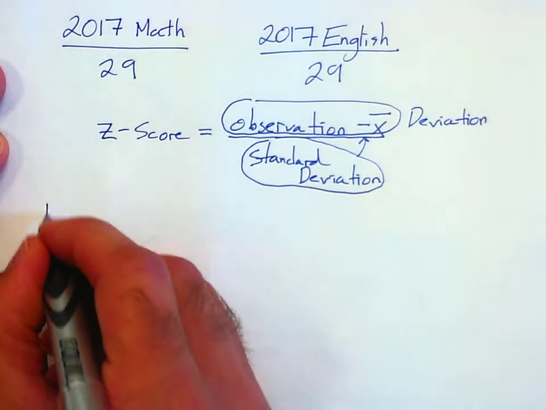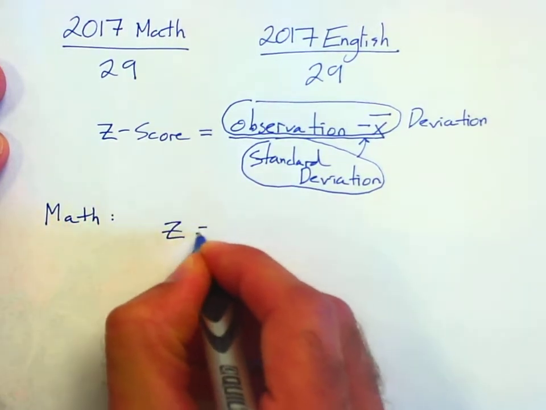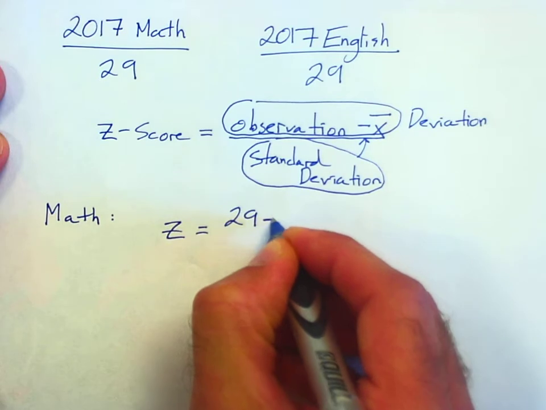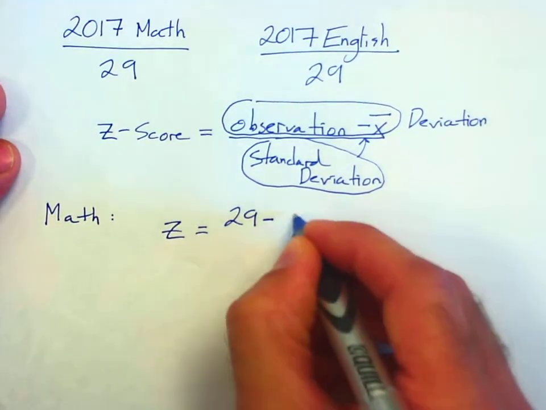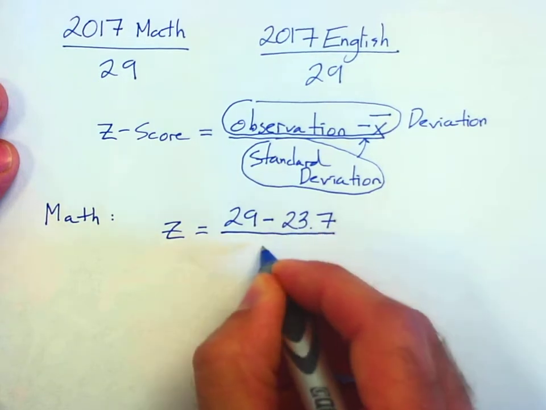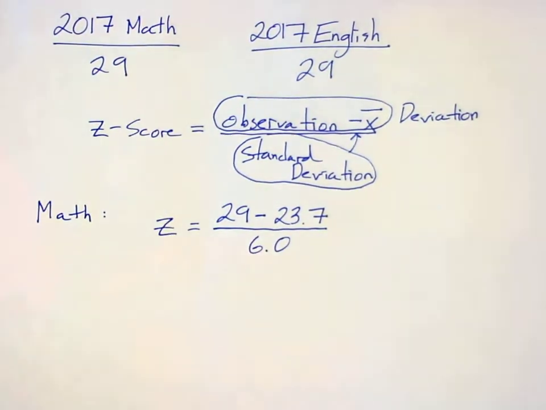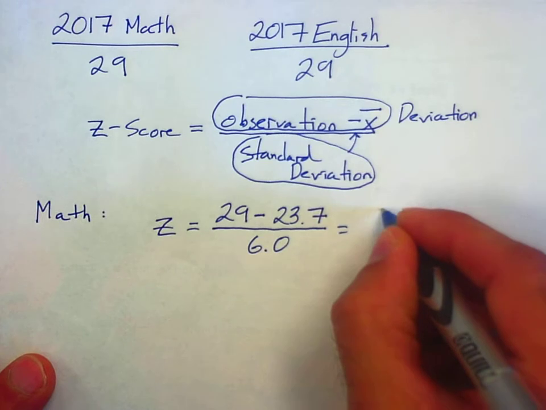So look at the math class size of 29. If I take the observation of 29, the mean for the math classes that we calculated was 23.7. The standard deviation for the math class sizes was 6. So if we take the 29 minus the 23.7, that gives us a deviation of 5.3.